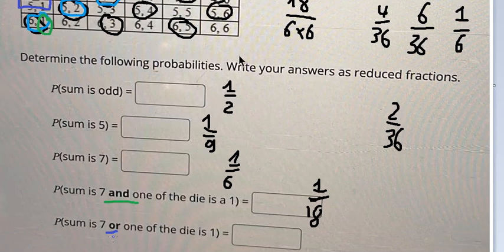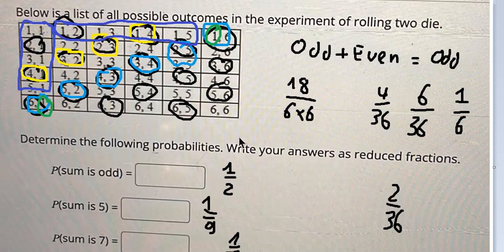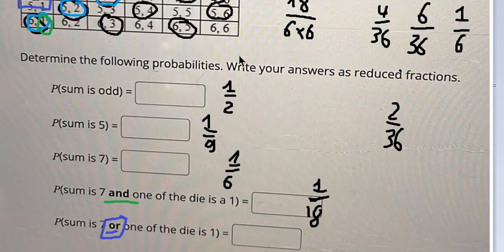Because the question mentioned only "or", we sum all of them, and the blue one. So we have 15. So we have 15 over 36. So when we simplify, we have 5 over 12.